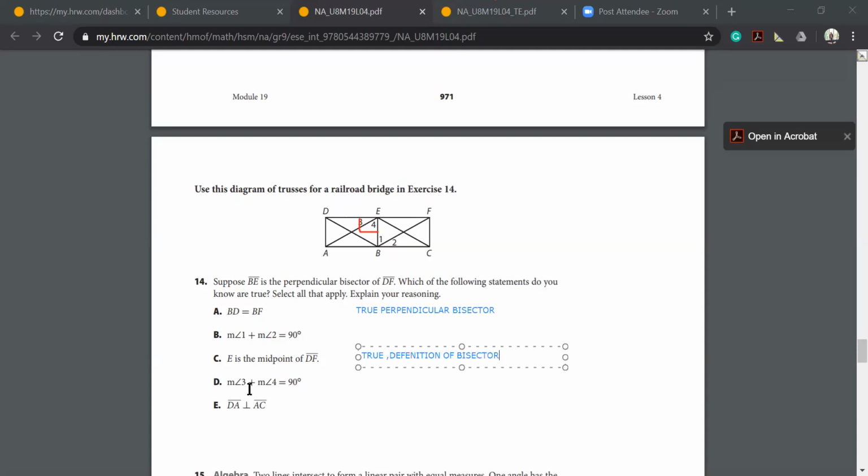Very well. Question D, measure angle 3 plus 4 equal to 90 degrees. Again, true, because this is the definition of perpendicular. Because he told you that BE is the perpendicular bisector of DF, so angle 3 and 4, I am sure it's 90. So of course, again, this is true. Why? Definition of perpendicular.